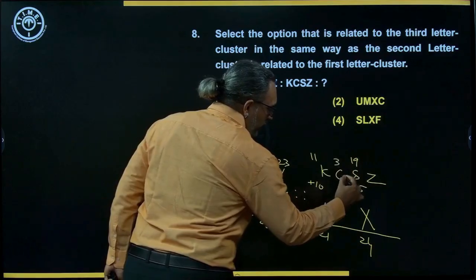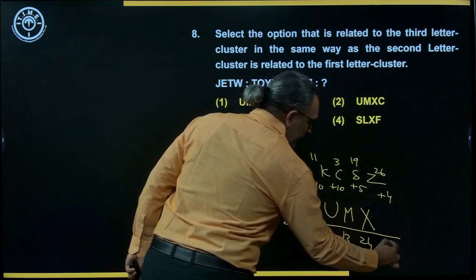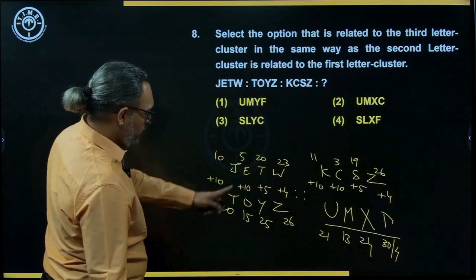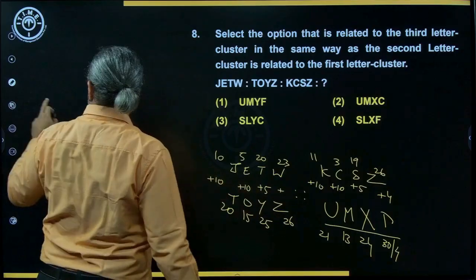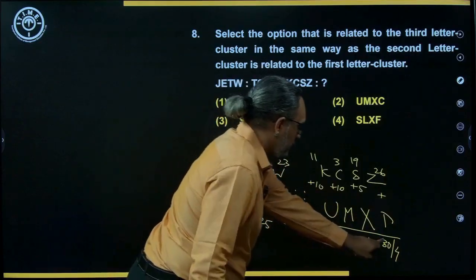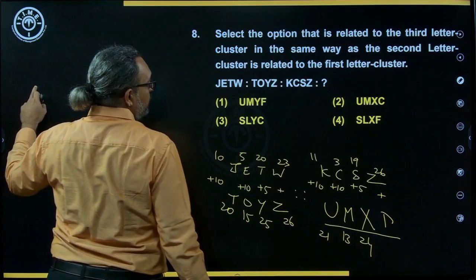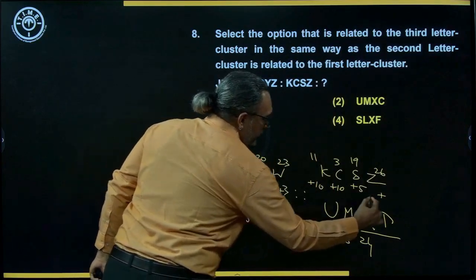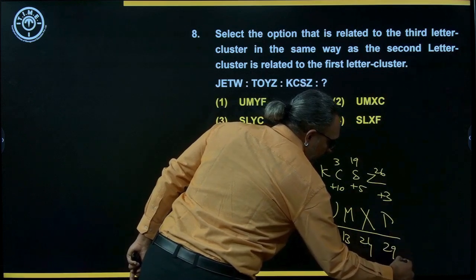So here also we do 3 plus 10, 13, which is M, and 26 plus 3 is 29, or third alphabet.